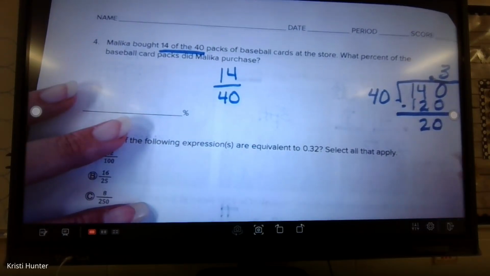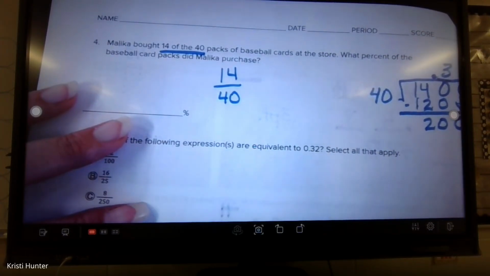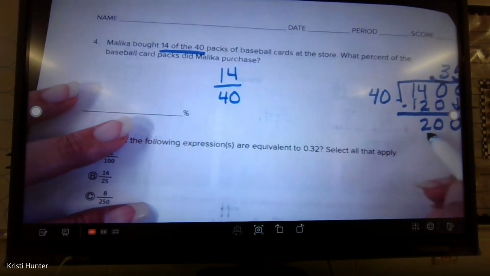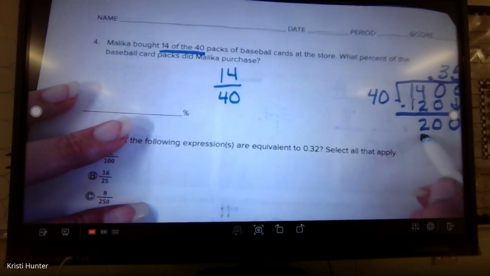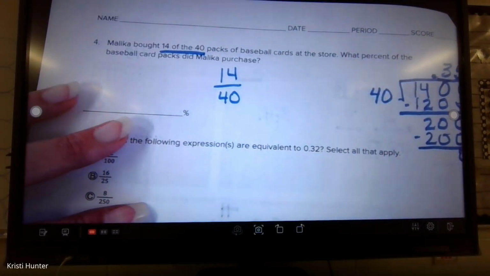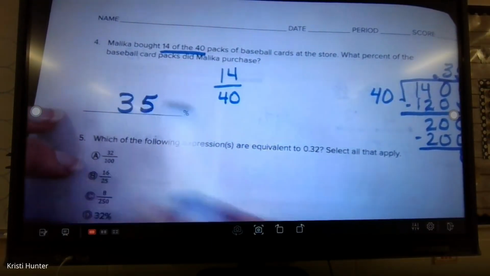I got 20 left over, so I need to bring down another 0. 40 goes into 200 then 5 times, because 5 times 4 is 20. And then I just stick on my extra 0, so I got nothing left. So 0.35 is 35%.